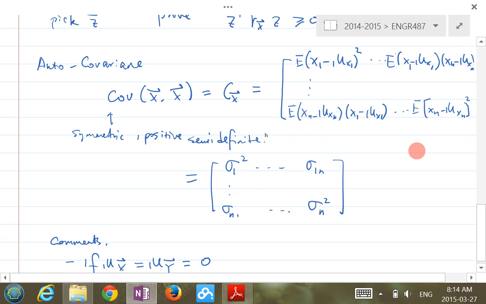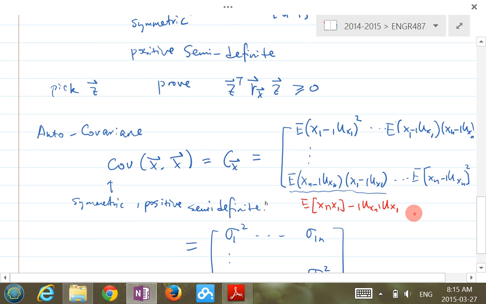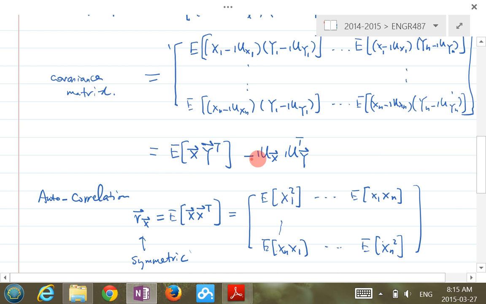Recall that for the arbitrary off-diagonal term, expected value of xn x1 minus mu xn mu x1, is the covariance.